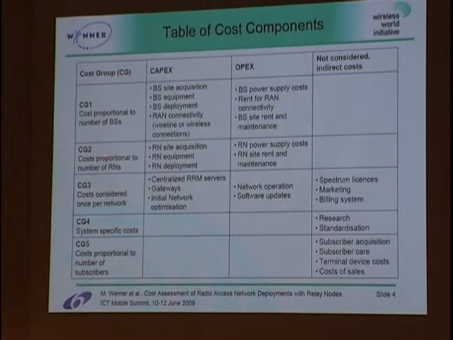Cost group 2, costs are proportional to the number of relay nodes, and cost group 3 are the once-only costs that arise only once per network. We also have some system-specific costs and proportional to number of subscribers, but for our study within the Werner project, we only addressed here these first three cost groups.